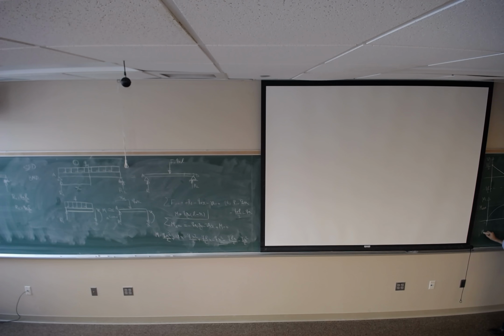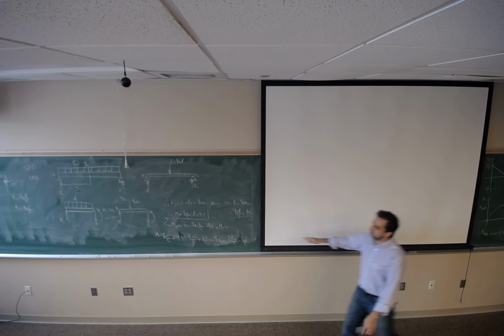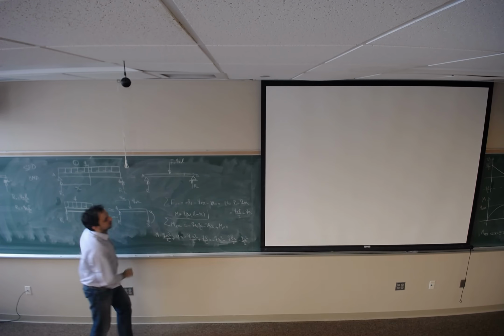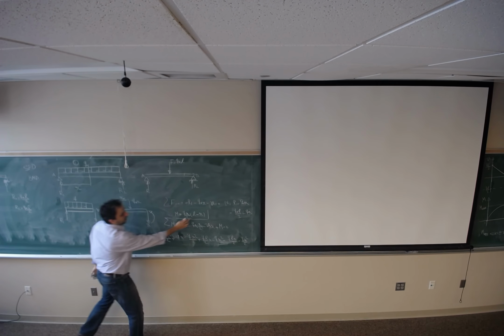M max occurs at x equals L over 2. If you are looking for the magnitude, just plug in x equals L over 2, and you find the magnitude of M.